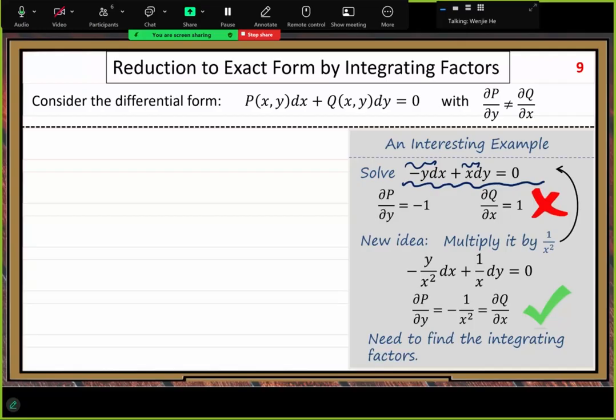You can see the key to the success is you need to select an appropriate factor function. If you can find an appropriate factor function, then we can convert it to an exact ODE. So then we can use the total differential method to find the solution.